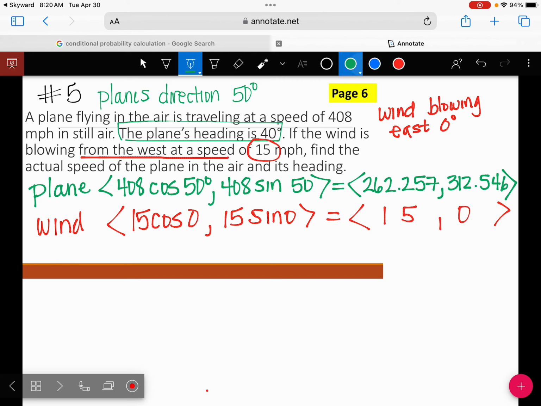So now you need to find your result. So what is the plane plus the wind? The result is plane plus wind. So when you go ahead and add those two vectors together, add your horizontal components together, add your vertical components together.